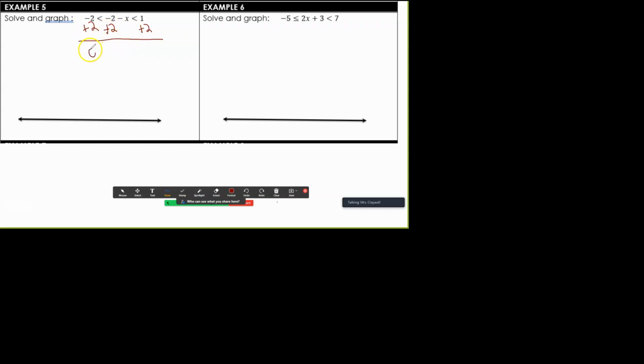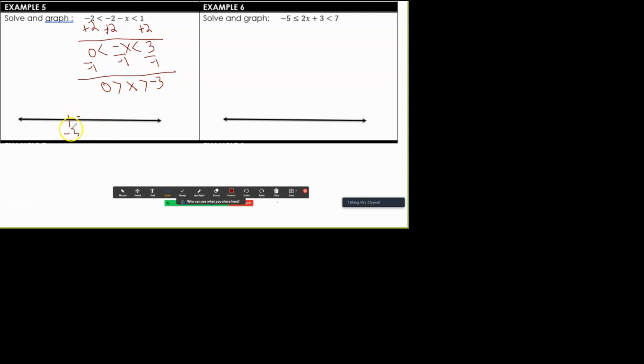Going to add 2 to each side. 0 is less than negative x is less than 3. I want to divide everything by -1, and we have to remember when I divide by a negative number, I have to switch my inequality.